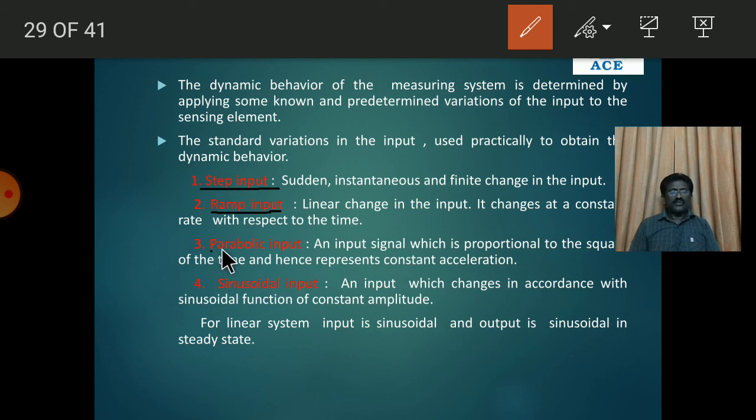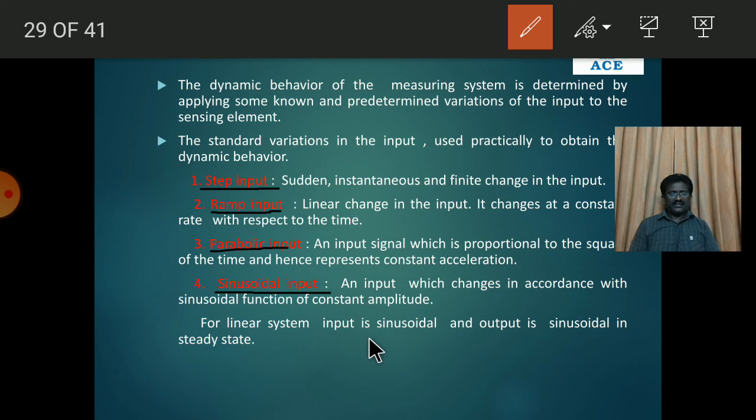Next, parabolic input, an input signal which is proportional to the square of the time and hence represents constant acceleration. This is the parabolic input. Fourth one, sinusoidal input, an input which changes in accordance with a sinusoidal function of constant amplitude.